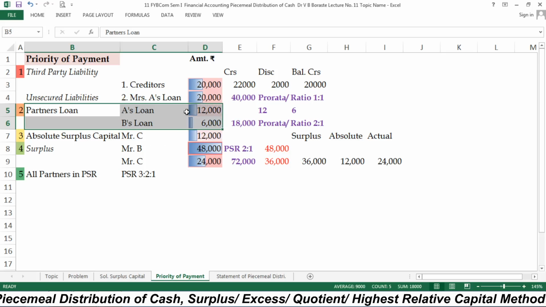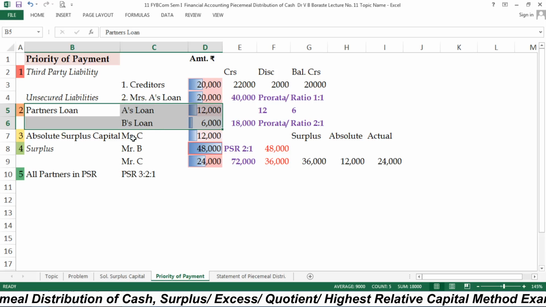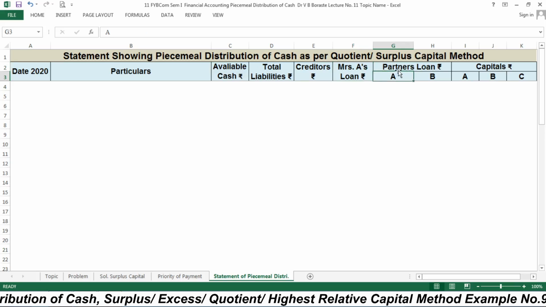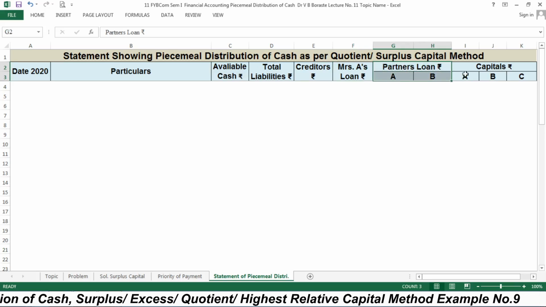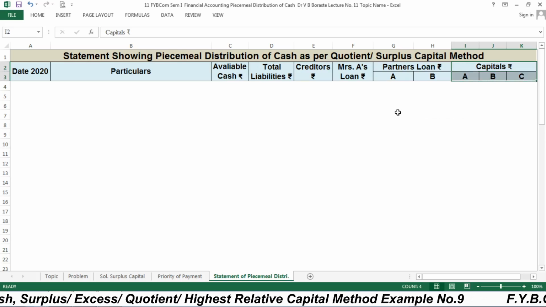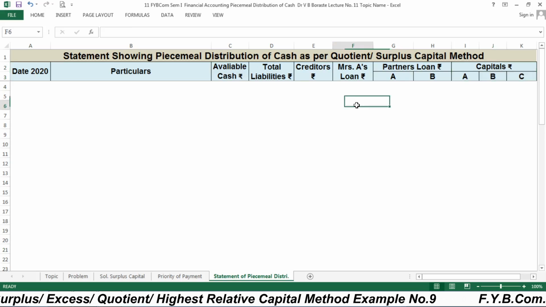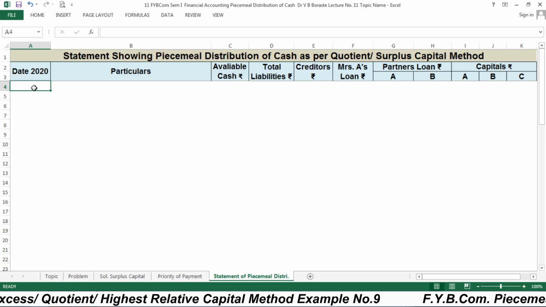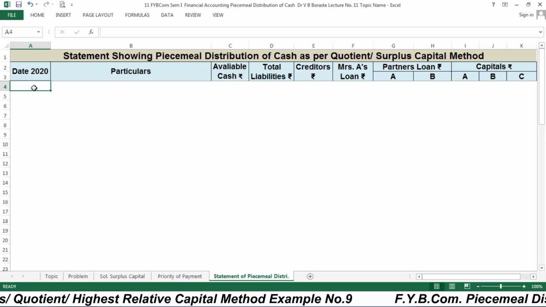So we prepare two columns, A's loan and B's loan. And after that, we can draw three columns of capital, that is A, B and C. In this way, you can draw the columns of piecemeal distribution of cash.